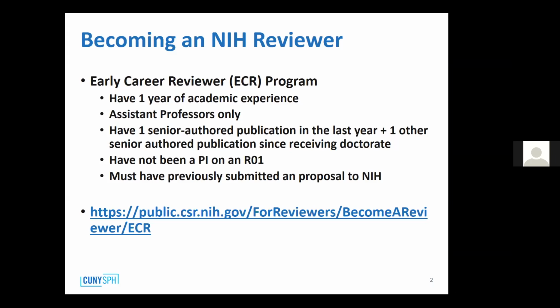You must have 1 senior authored publication in the last year, plus 1 other senior authored publication since getting your doctorate. You haven't been a PI on an R01, but you must have previously submitted a proposal to NIH and received a summary statement. That link at the bottom is the link to find out if you qualify and how to apply.